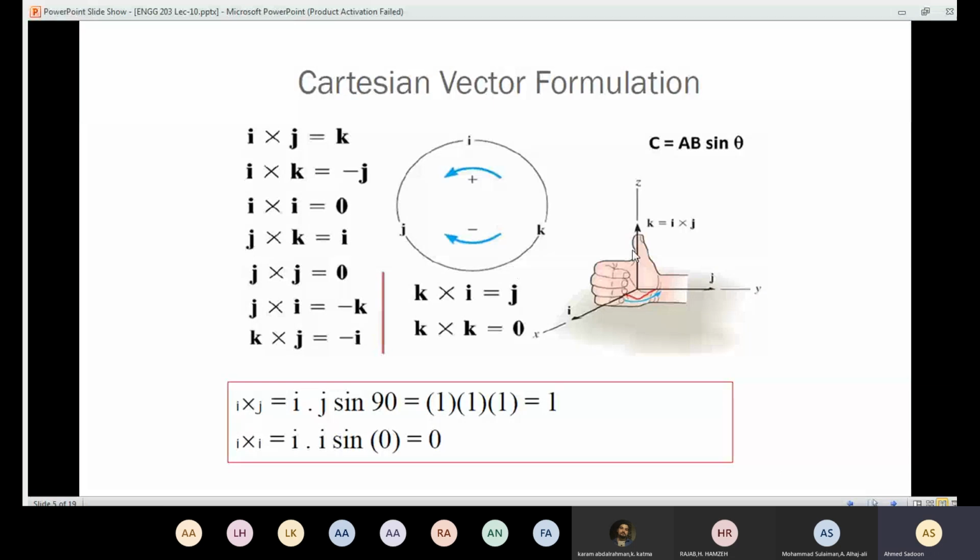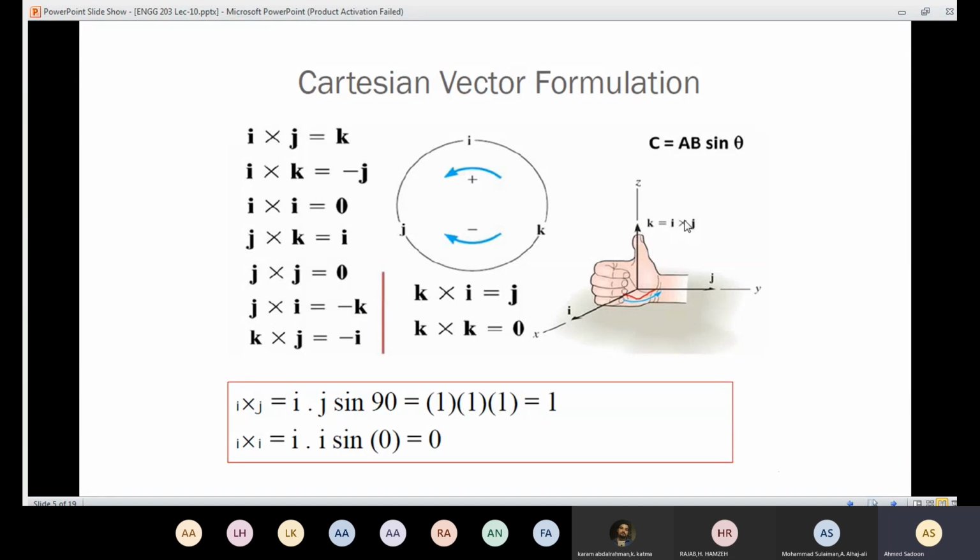What if I want the cross product of K cross J? This time my fingers are going to be curled so that they move from K towards J. You are going to find out that your thumb is directed in the opposite direction.